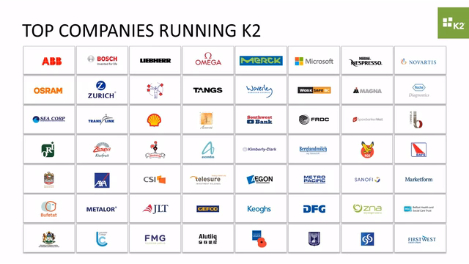Then I also have some references with me. Again, it's not really about the names you see here. It's more to emphasize how widespread the usage of K2 is across all industries. K2 does not have a certain focus on very particular industries like manufacturing, automotive, or pharma. You can see on this picture it's really very generic.